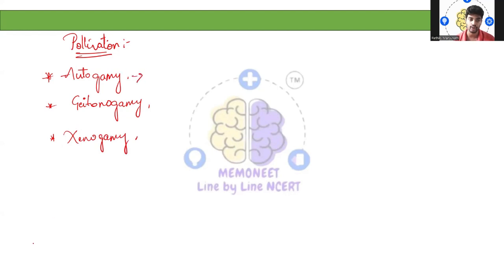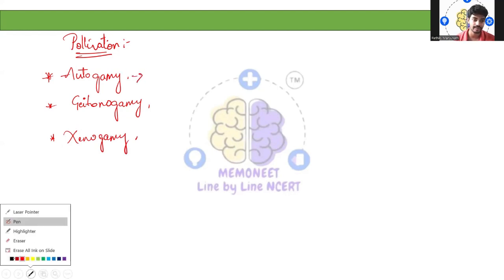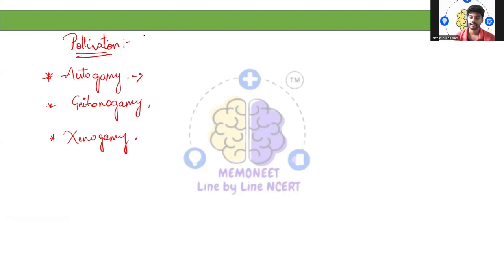So what is autogamy now? It is a type of pollination achieved within the same plant, the same flower. That is, transfer of pollen grains from the anther to the stigma of the same flower of the same plant is called autogamy.